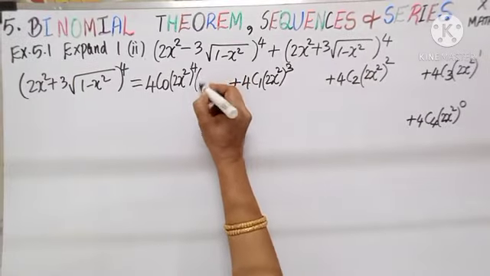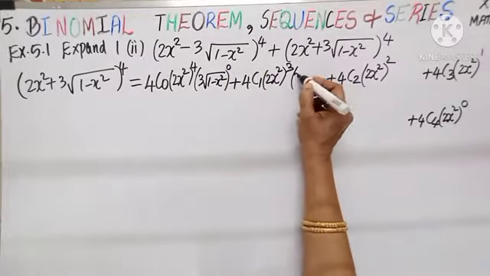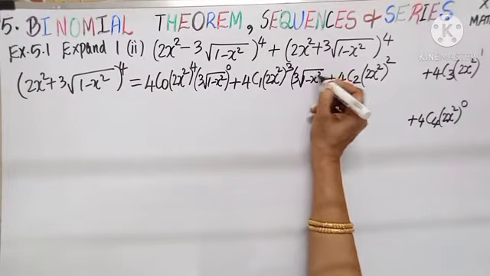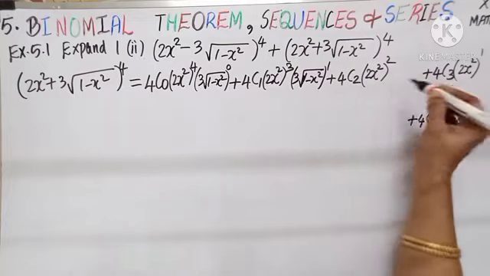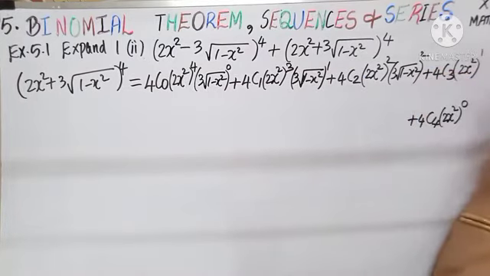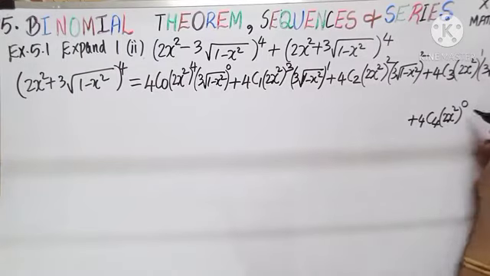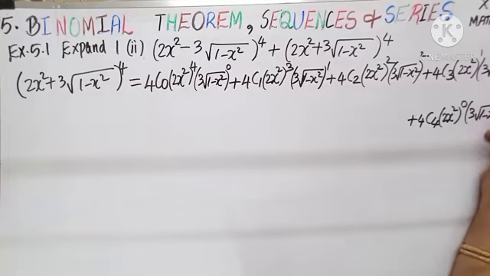Second term: 3 root of 1 minus x square power 0, power 1, power 2, power 3, and 3 root of 1 minus x square power 4.